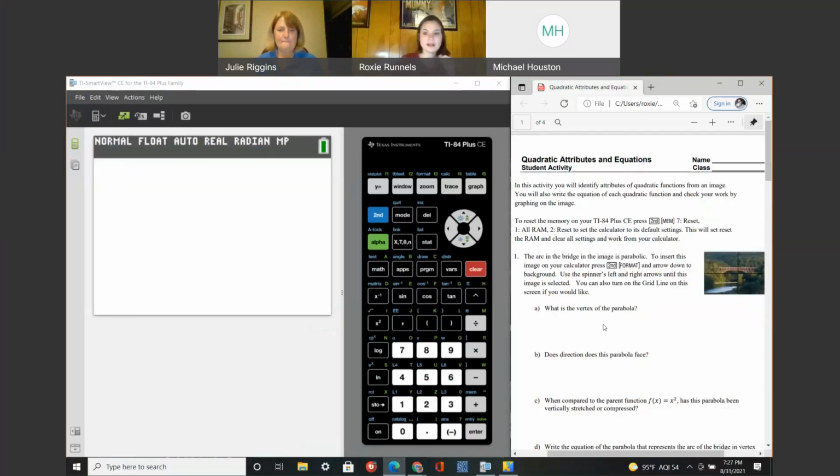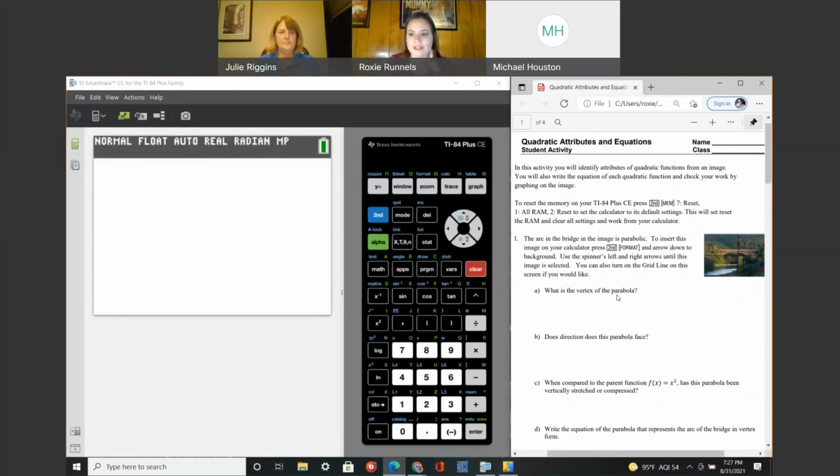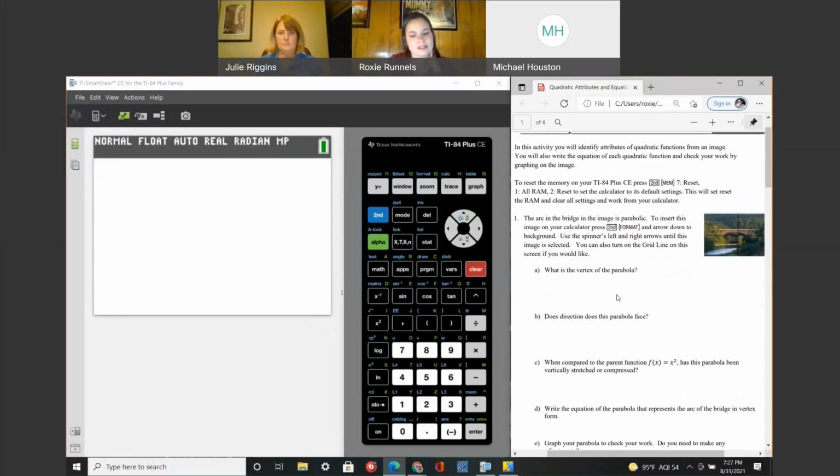There we go. So on the 84, we're going to graduate from linear functions to quadratic functions. And this activity is going to be shared with you guys at the end of our session this evening. I'm going to run through this as a student, the student side and the teacher side, because I want to demonstrate how students would get these images on the TI-84.